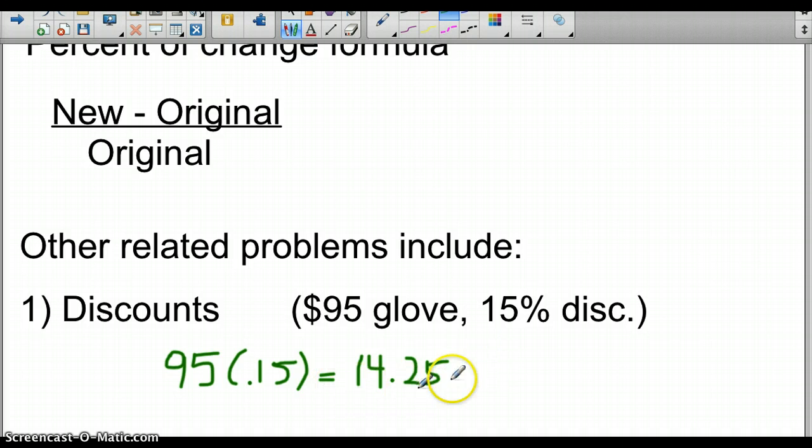So then what our true answer would be, we would take the 95 and we would subtract the 14.25. So $95 minus $14.25. And then we would end up in that case with $80.25. So we'd end up at 80.25.